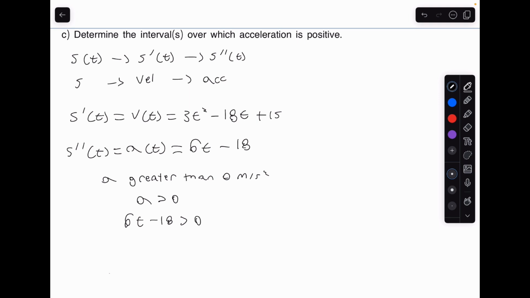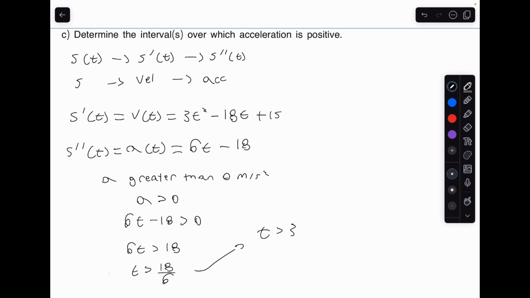Now it's just an inequality. How do we find the interval at which it's positive or greater than 0? We simply solve for the input. The input is t. So let's solve for t. So 6t is greater than positive 18. t is greater than 18 over 6, meaning t is greater than 3. What does that mean?